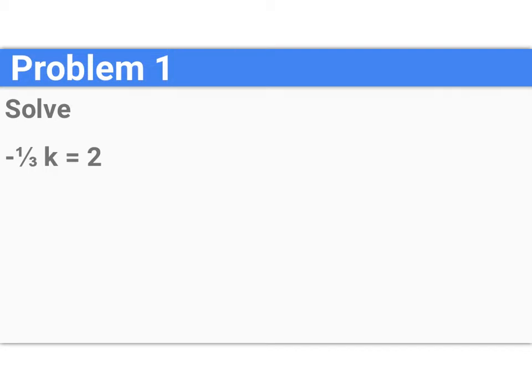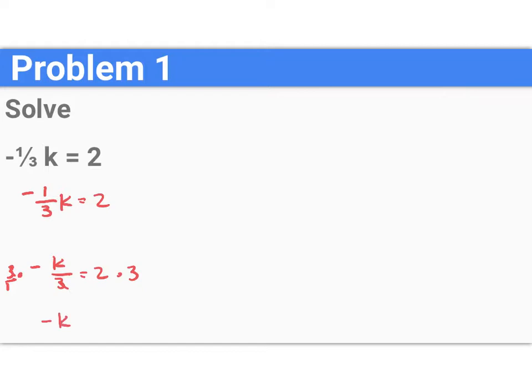Okay, so we had negative 1/3 k equals 2, or negative k over 3 equals 2. So if you deal with it one step at a time, multiply both sides by 3 to get rid of the bottom.